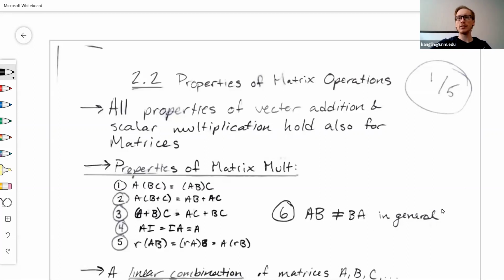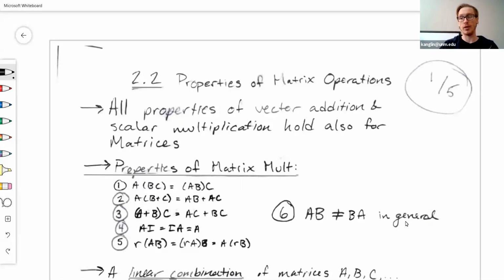Property 6 is telling us something we really highlighted and noted in the last video, that AB does not equal BA in general. We saw an example where AB did equal BA, but we explained why it did, and that in general, that isn't true.